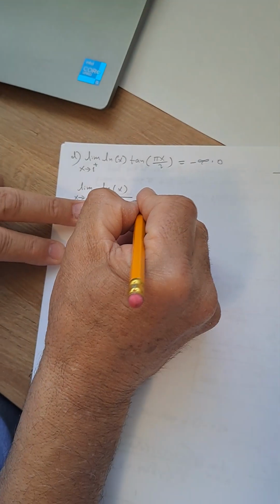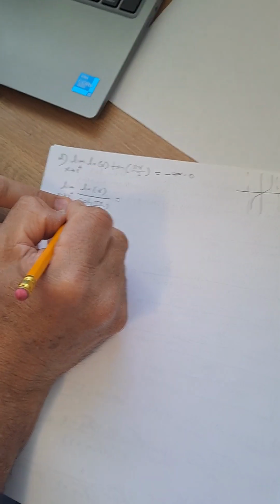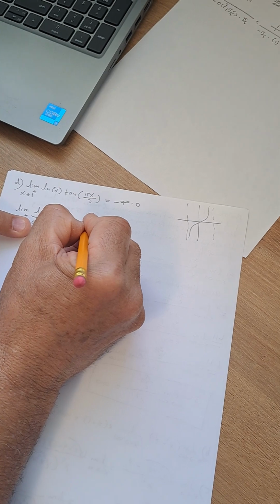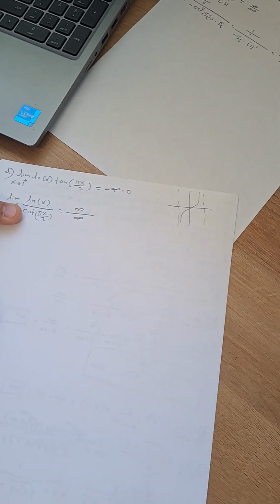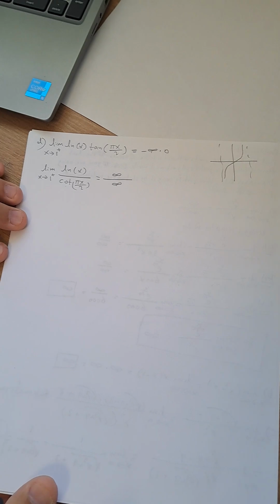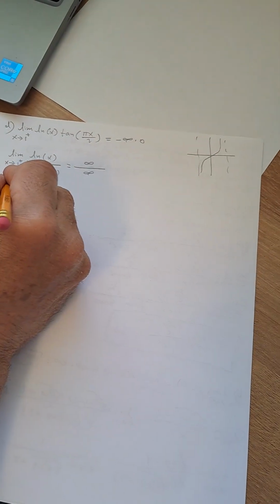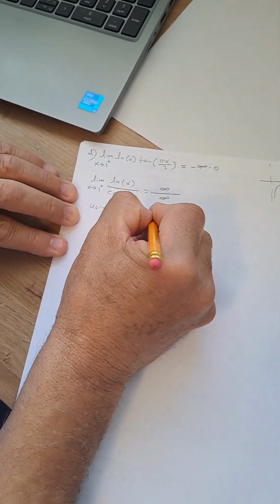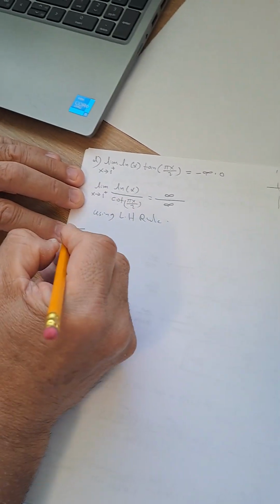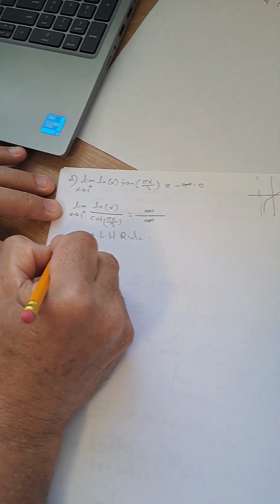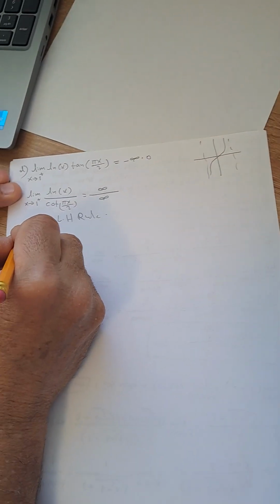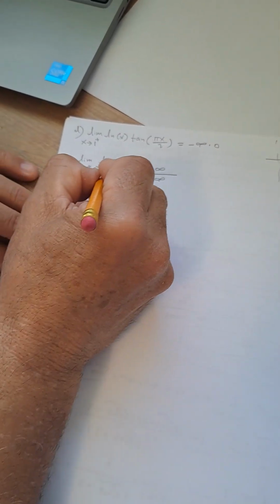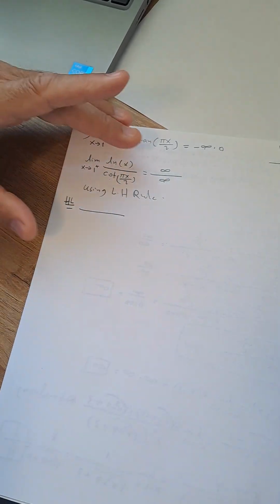Okay, then we will change the tangent to the cotangent, so this will be equal to 0 over 0, and then we can use L'Hopital's rule, which states the derivatives of the limits.